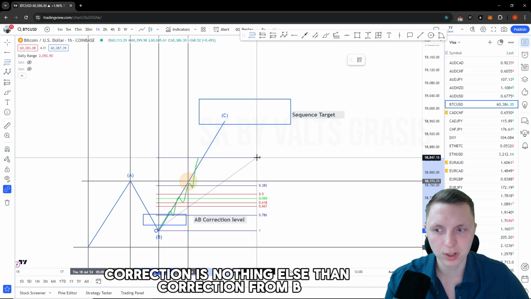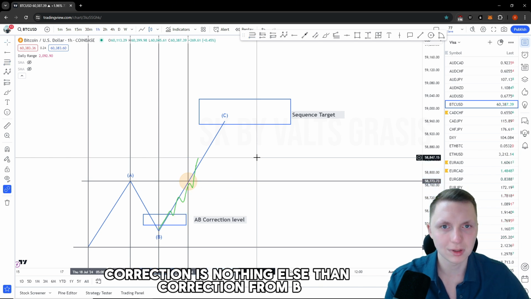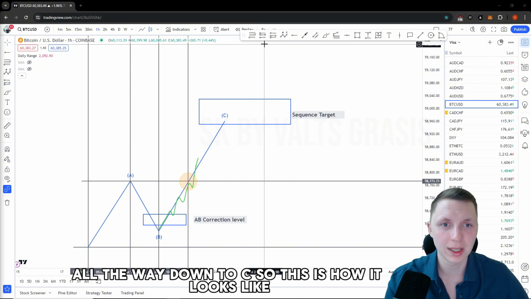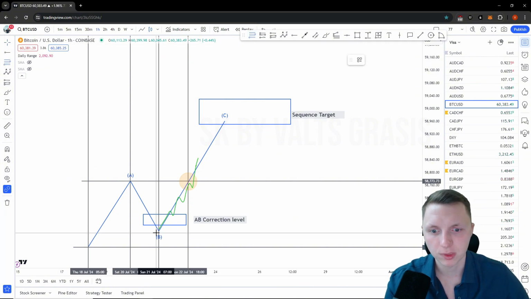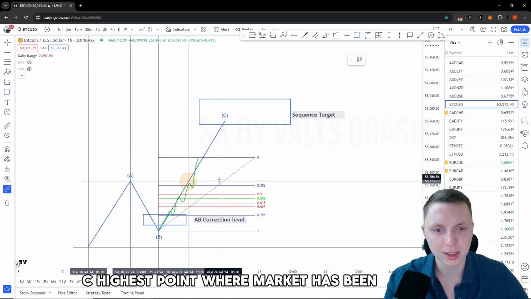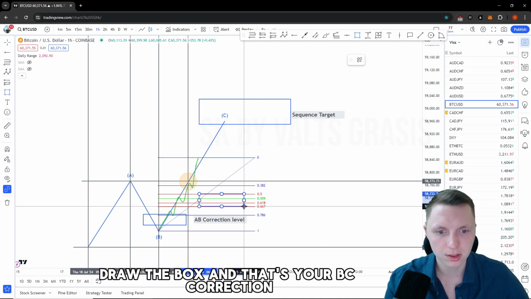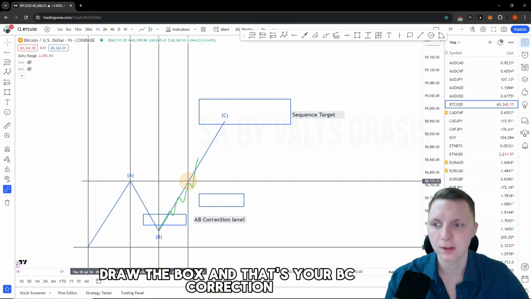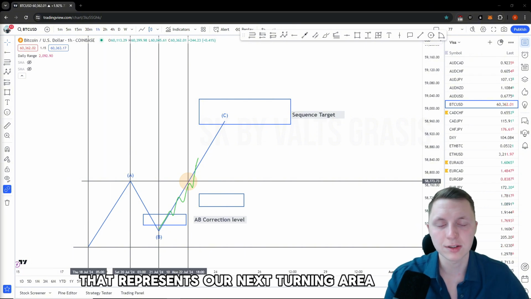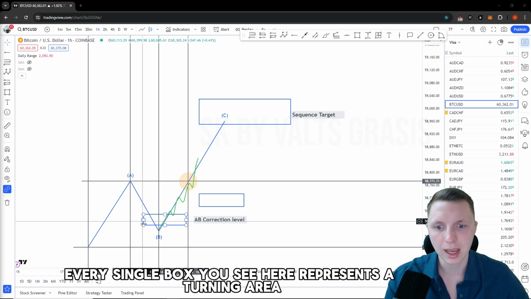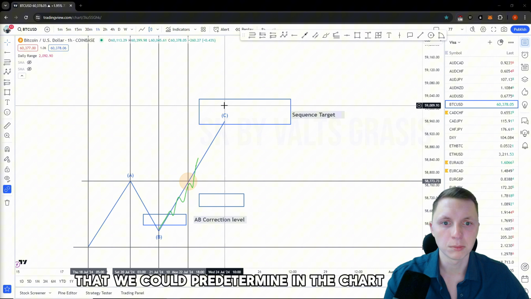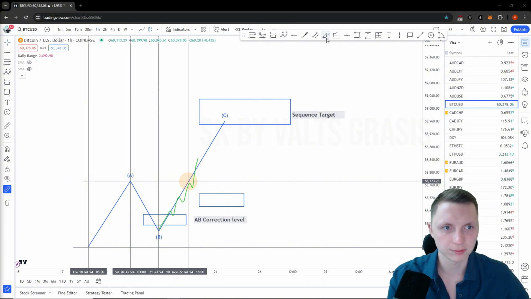The BC correction is nothing else than the correction from B all the way down to C. You go from B to C, the highest point where the market has been, draw the box, and that's your BC correction. It represents our next turning area. Every single box you see here represents a turning area that we can predetermine in the chart.